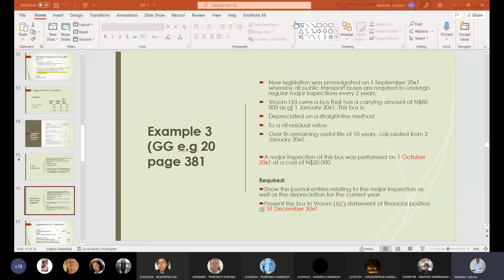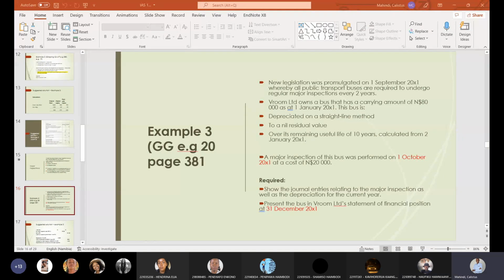Okay, the 2,500 is the depreciation on the inspection. That is correct. So how would you get to that amount? So let us look at how you get to that amount.